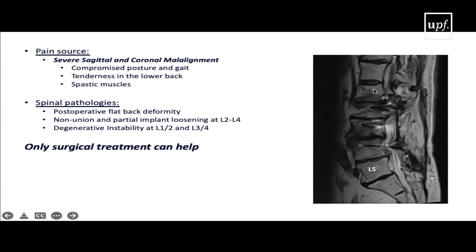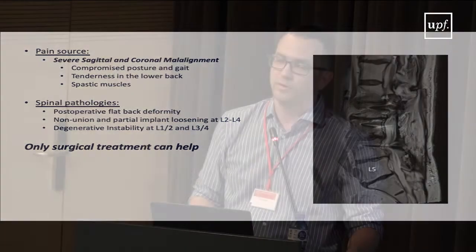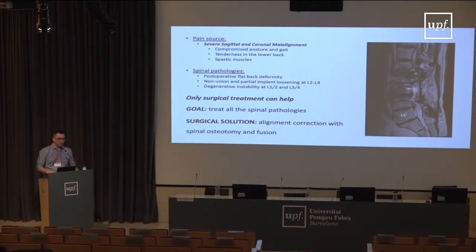On the other hand, there is also adjacent level degeneration causing spinal canal stenosis and nerve root compression and so on. So we have different problems to address, but one of the key problems is the malalignment of the lumbar spine. And we know that only the surgical treatment can help, and the goal would be to treat all the spinal pathologies, also the alignment.